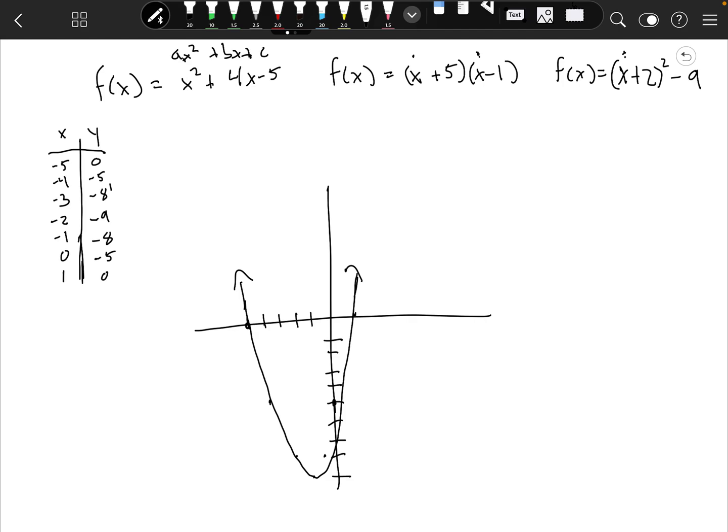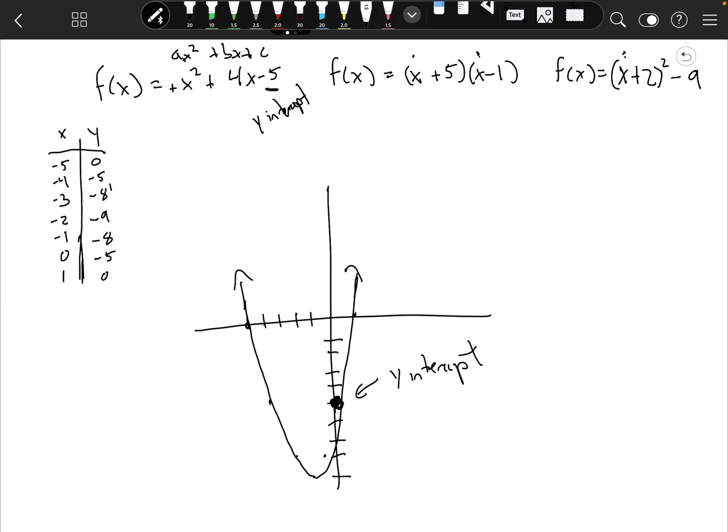Its superpower is right here, that point right there. It gives you a y-intercept. So that kind of gives you a reference point. Also, this is a plus out front, so it's going to be U-shaped.